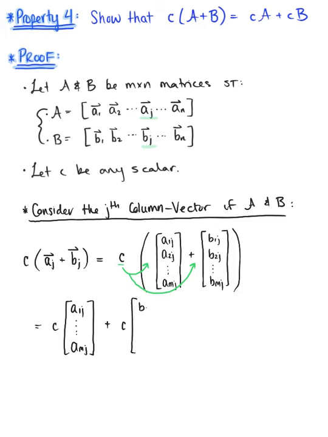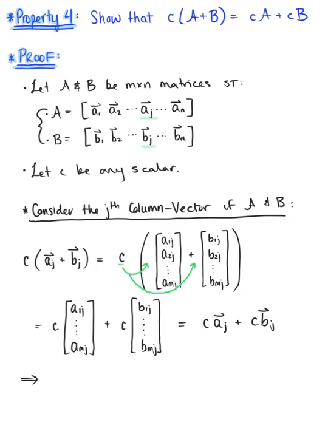So again, the entry in the first row jth column all the way down to the last entry. So that's the entry in the mth row jth column. Now wait a second, this is equivalent to saying we have scalar C multiplied by the jth column vector of A plus scalar C multiplied by the jth column vector of matrix B.